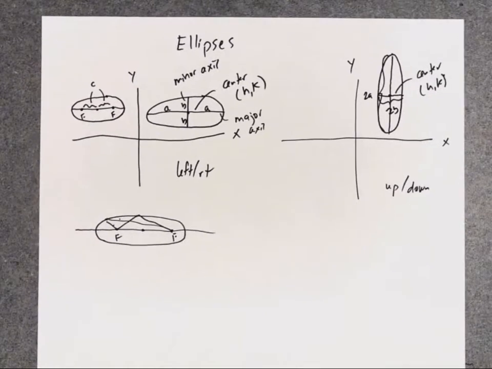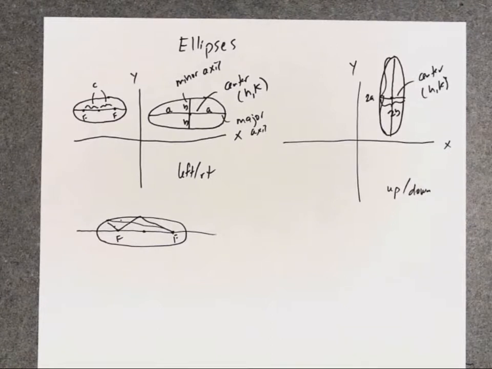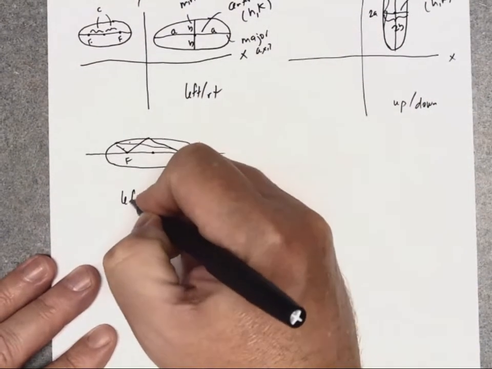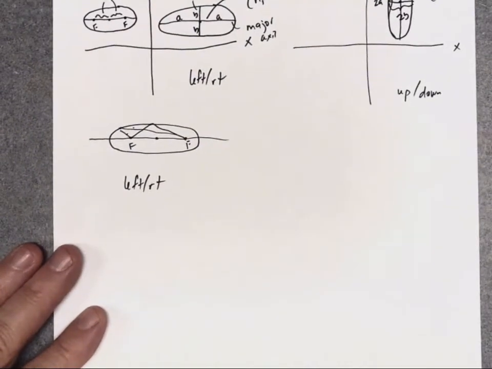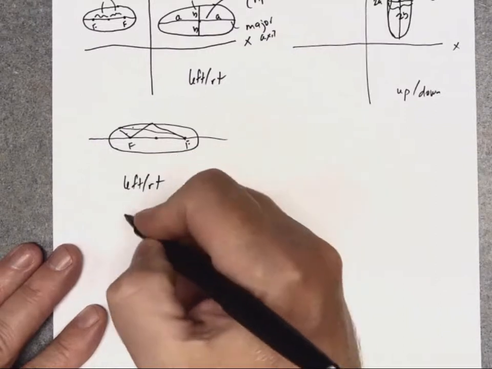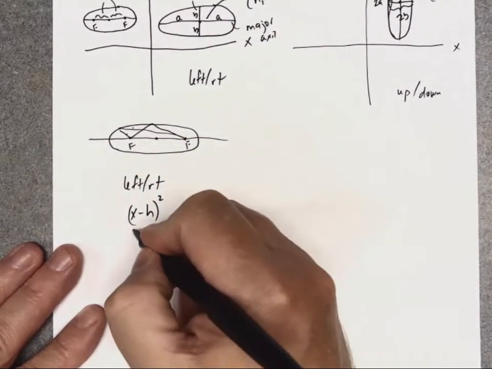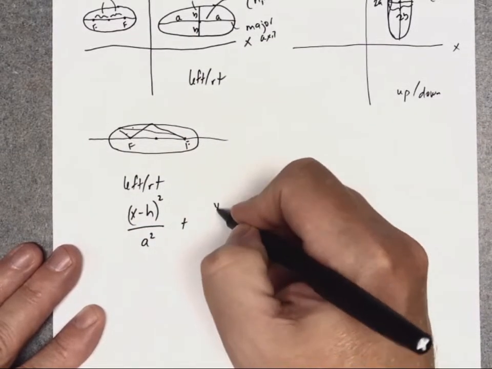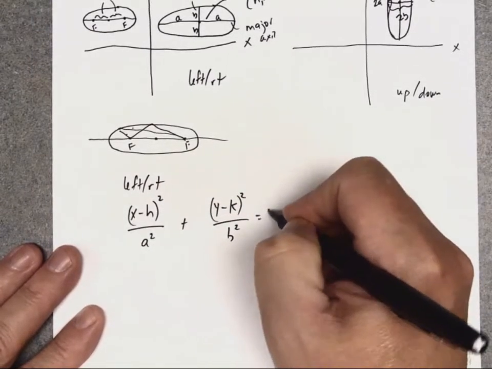All right, so now based upon the description, the picture of two ellipses, the left-right and the up-down, let's look at the actual equations. So for a left-to-right ellipse, the standard equation is going to look like this: (x minus h) squared over a squared plus (y minus k) squared over b squared equals 1.